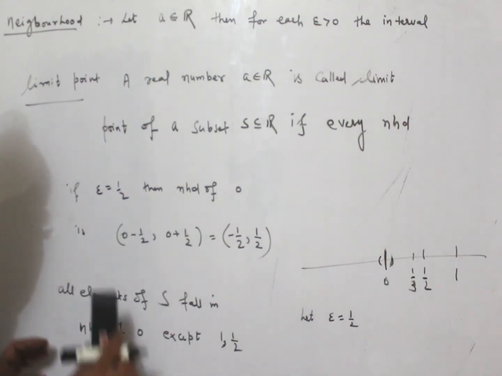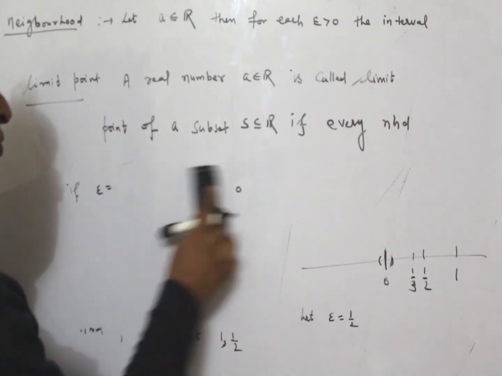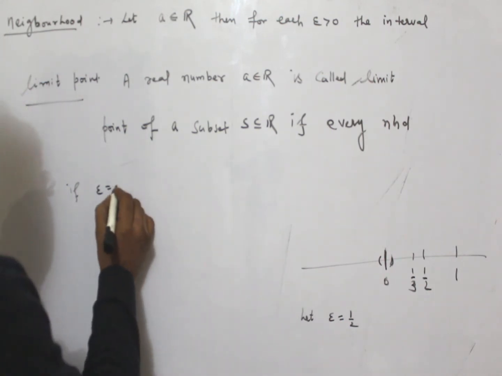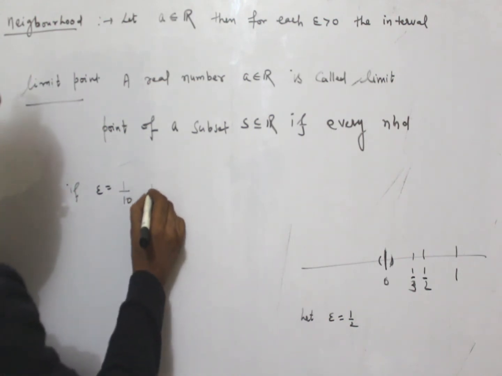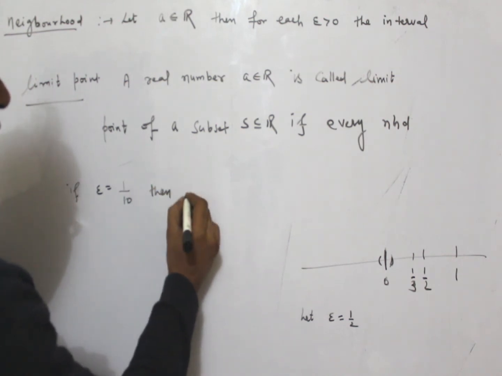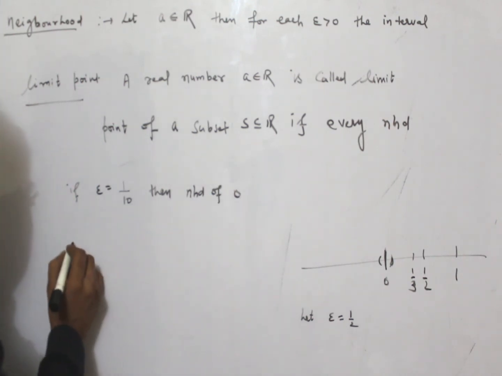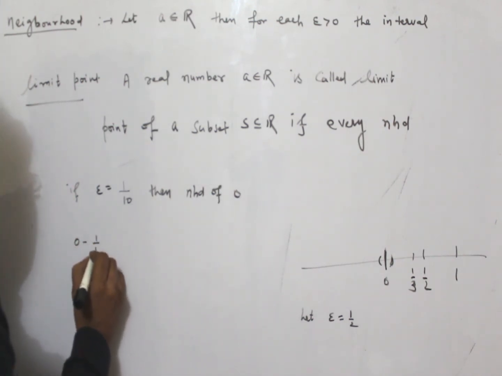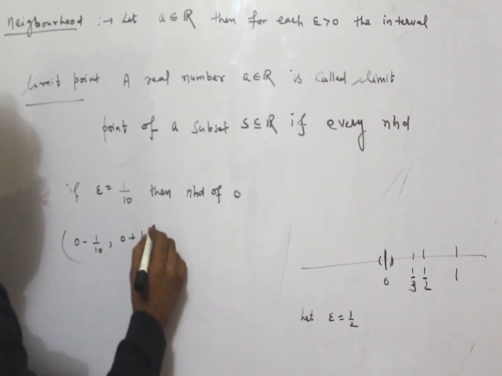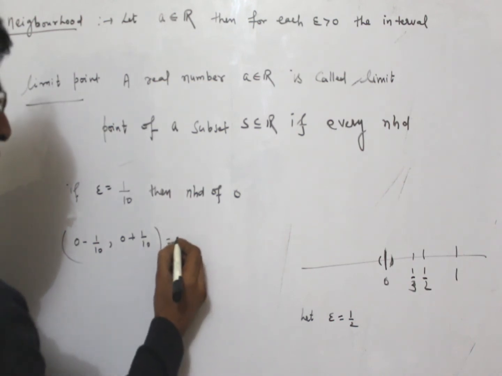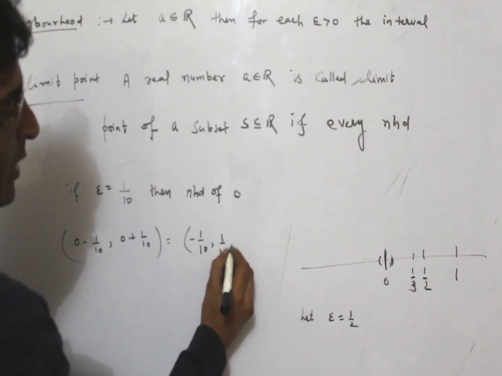Now again, if I take epsilon equal to 1 by 10, then the neighborhood of 0 is 0 minus 1 by 10, 0 plus 1 by 10, that means after simplification we have minus 1 by 10 and plus 1 by 10.